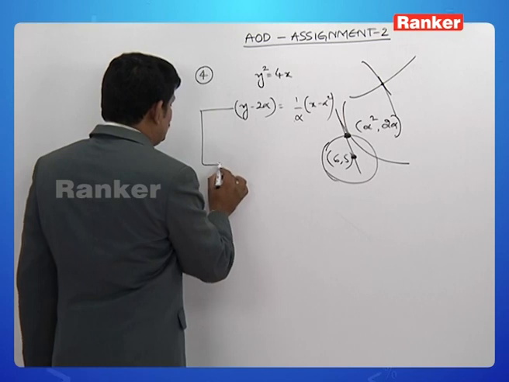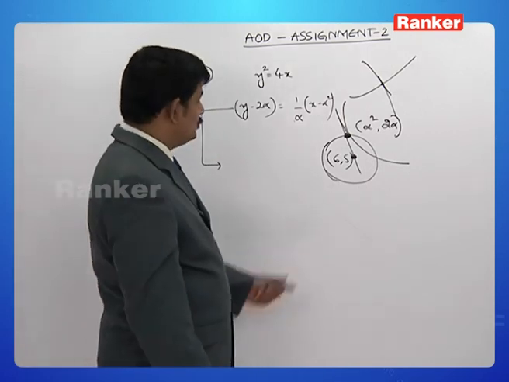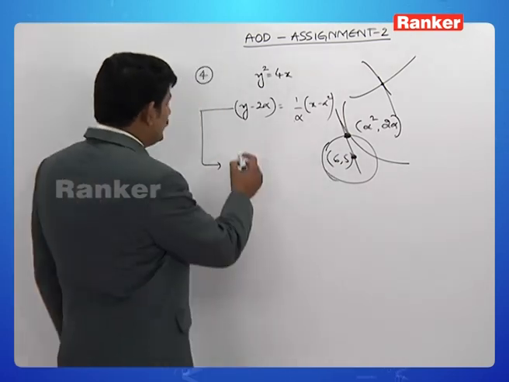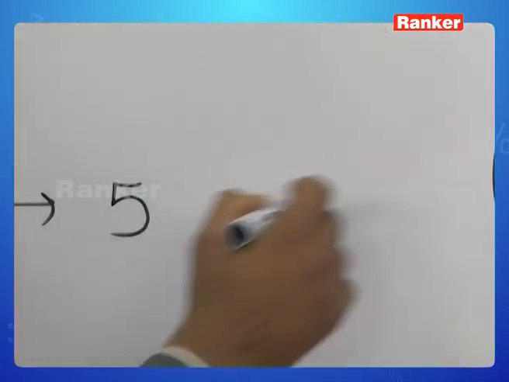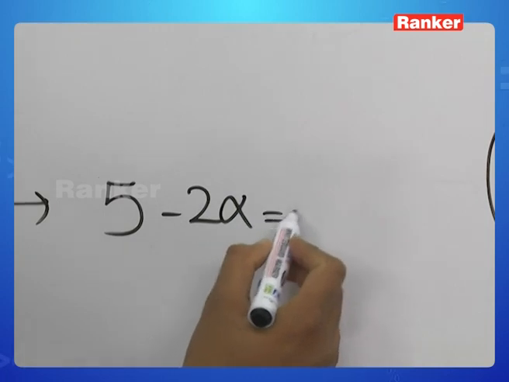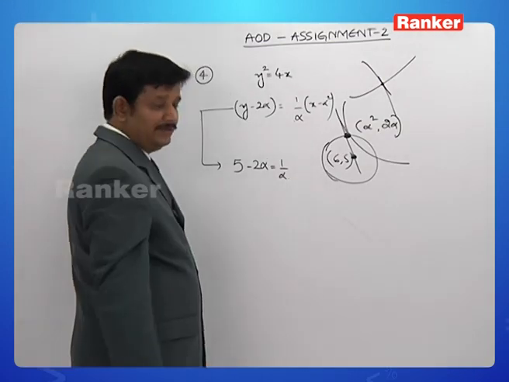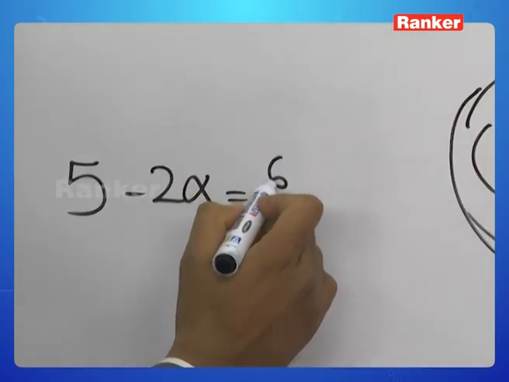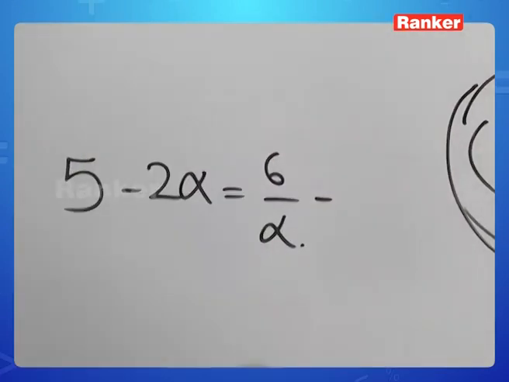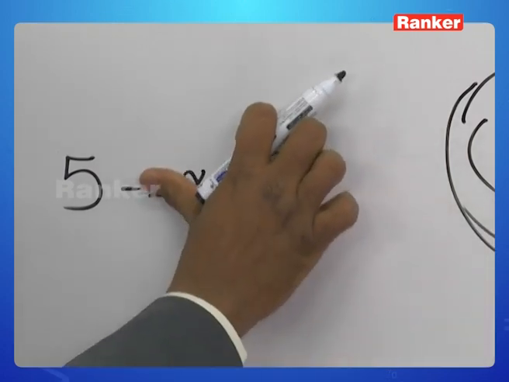So this line should satisfy 6, 5. Substitute: y coordinate is 5, so 5 minus 2 alpha is equal to 1 by alpha into 6 minus alpha square. So 6 by alpha minus alpha square by alpha, which is alpha; or I can remove an alpha from here.